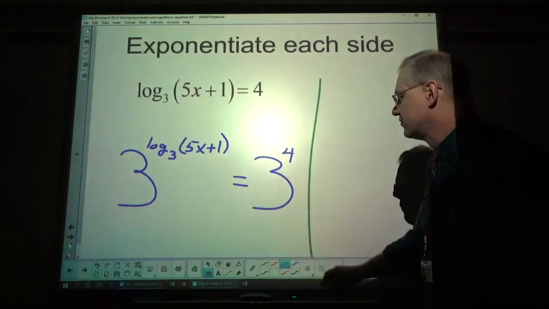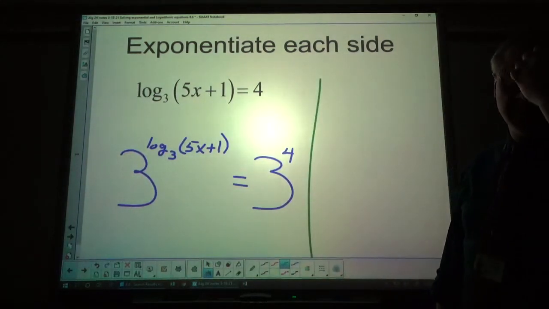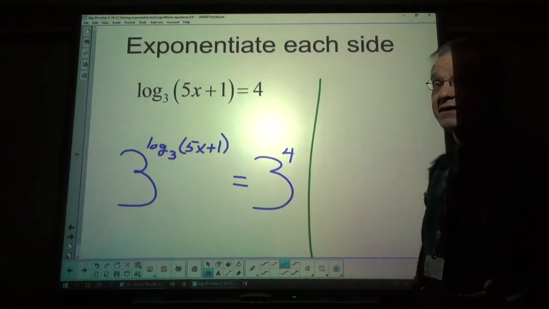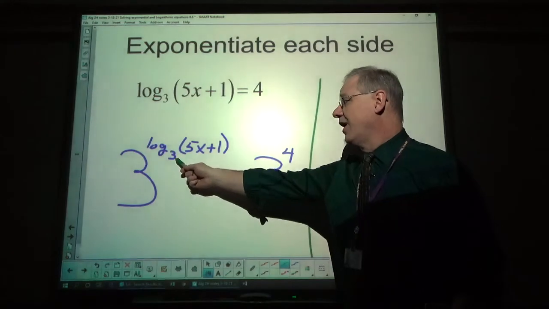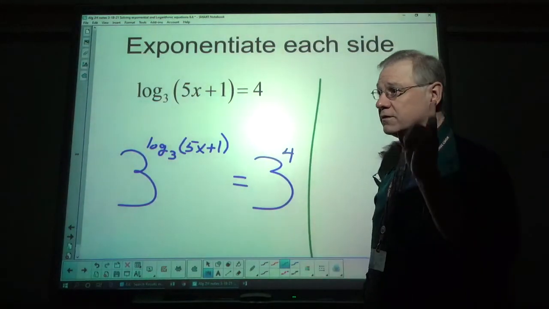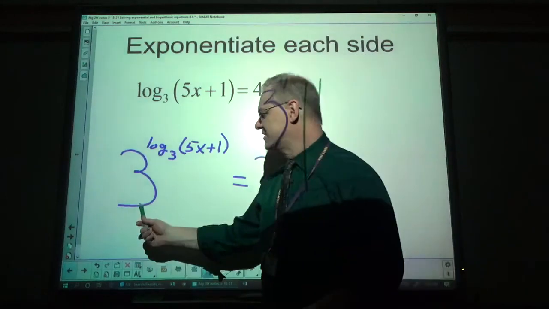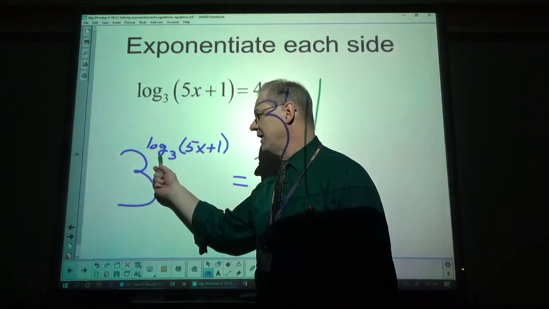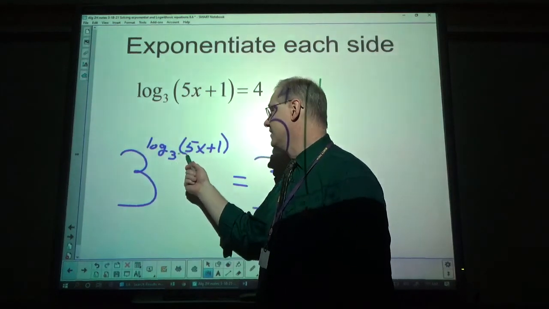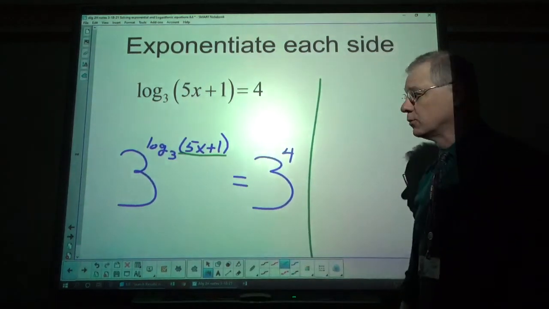Now I do that really large so it's easy to write it, but you don't have to write it quite that big. But just make sure it's big enough that it's obvious that this whole thing is your power. Now remember before, a couple of days ago, we said that when the base of the power and the base in the power of the log are the same, that is what it equals.